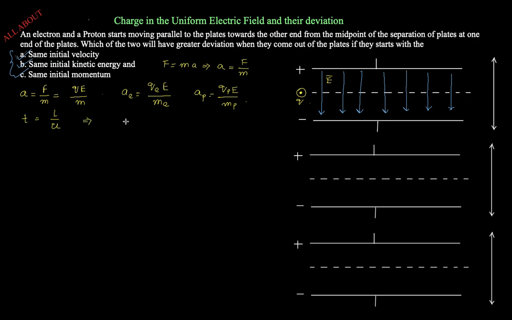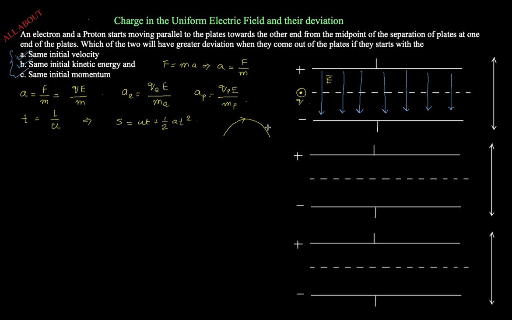Deviation S is equal to ut plus half at square. One thing you have to remember: like the motion of a projectile in a gravitational field, the path of a charged particle in an electric field is also parabolic. Like when we throw a ball in projectile motion, the trajectory is like this.